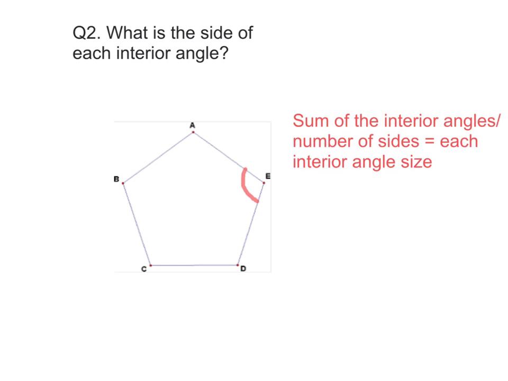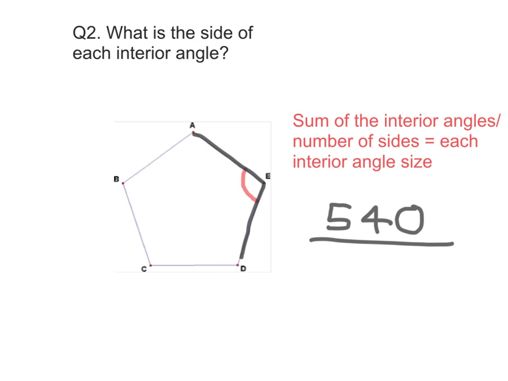Okay, so let's have a look at what that looks like. The sum of our interior angles we calculated to be 540. We know that we have 5 sides to our pentagon: 1, 2, 3, 4, 5.